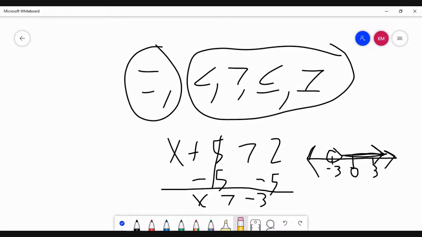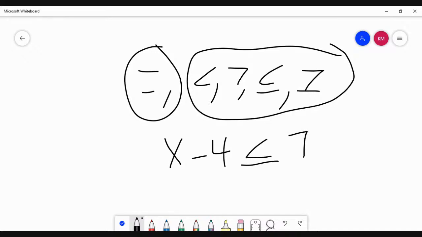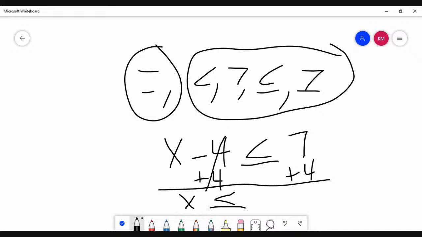Now, say for instance, you have x minus 4 is less than or equal to 7. I would add my 4 on both sides because I must still get my x by itself. Bring down my x, cancel out my 4's, and bring down my less than or equal to sign.